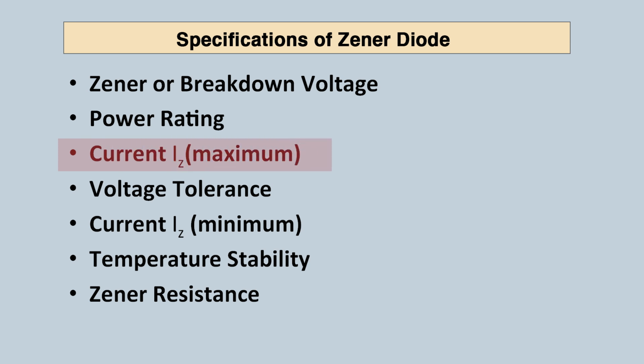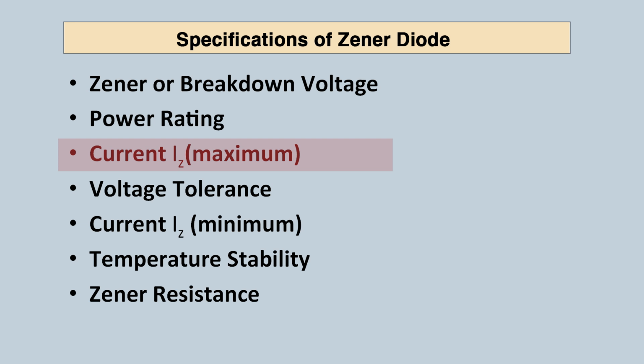Let's discuss the maximum current. It is the maximum current reading at the rated Zener voltage, which is Vz. The range of this current varies from 200 microampere to 200 ampere.